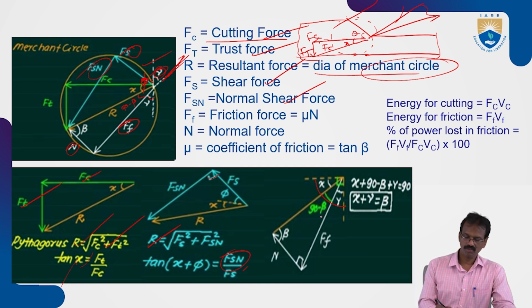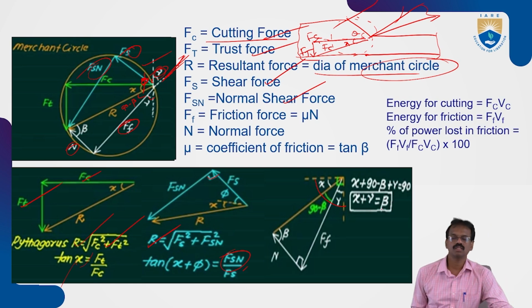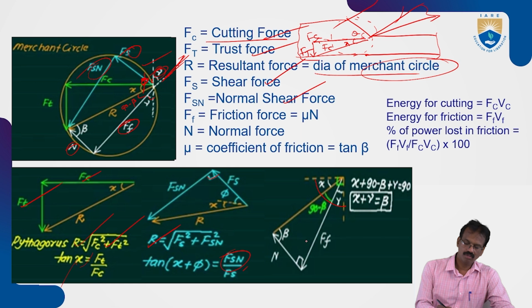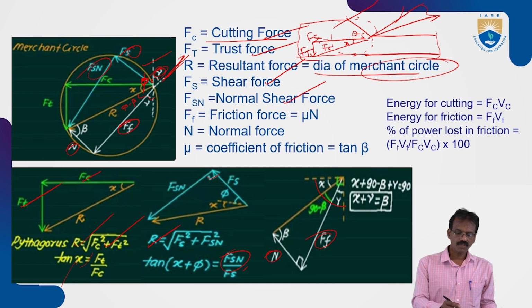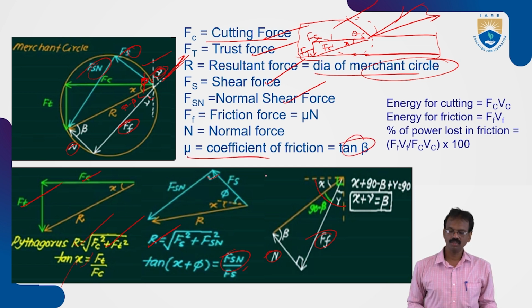Because x plus 90 minus beta plus gamma is equal to 90, the 90s cancel, and x is equal to beta minus gamma, or x plus gamma is equal to beta. So these are the formulas. This is N, this is Ft, and by using this you know the formula of frictional forces: mu, the coefficient of friction, is equal to tan beta. You know this formula.